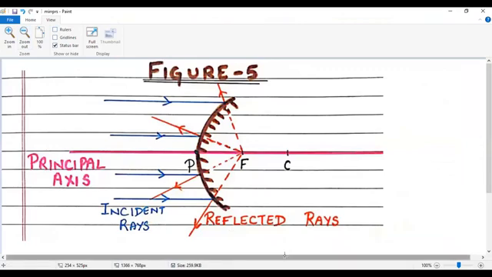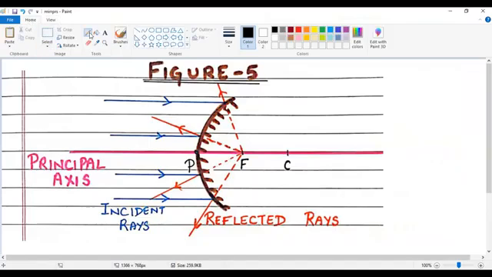Students, in this convex mirror, we have a mirror in which the outer surface is polished, while the inner part of the convex mirror is silvered.